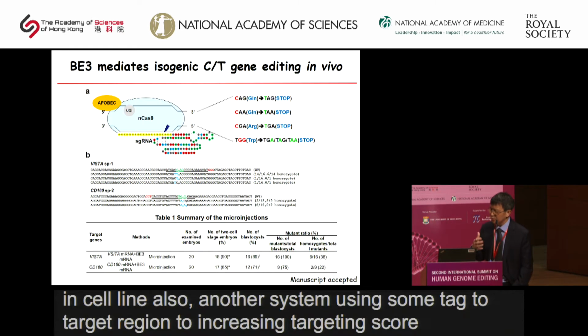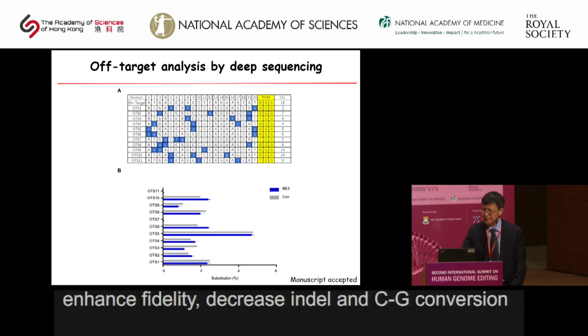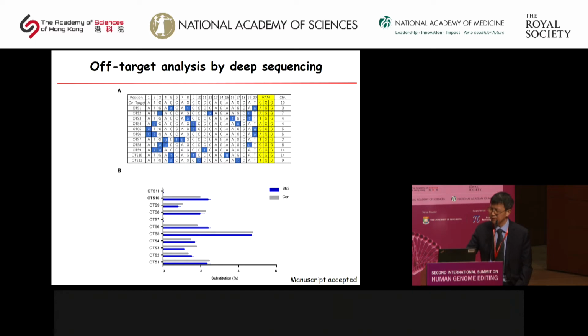With these tools, we then performed BE-mediated CT gene editing in vivo in mouse here. Then we performed analysis by deep sequencing to show that no off-target was detectable here.